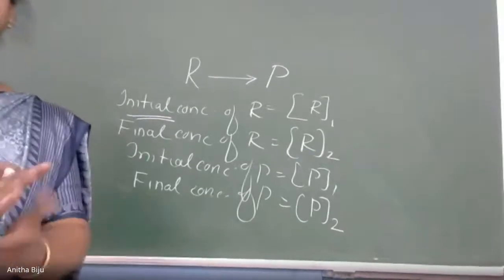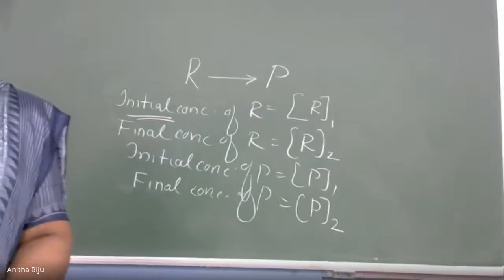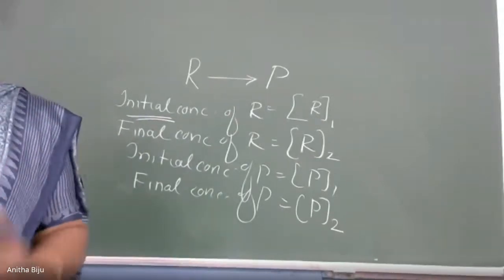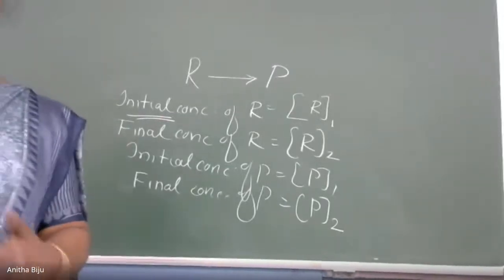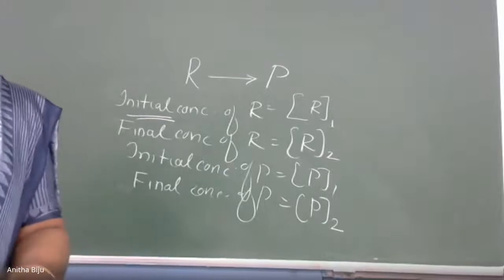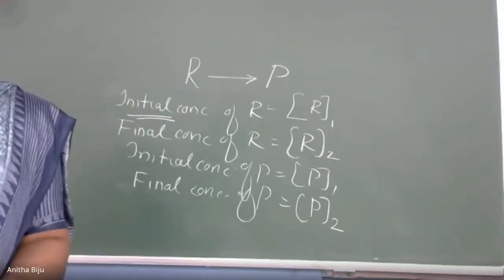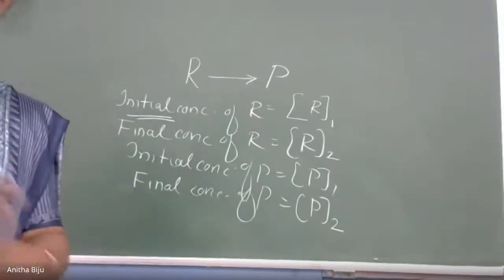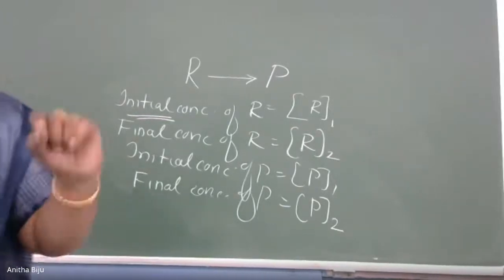In general, we can say that the rate of a chemical reaction is defined as the change in concentration of reactants or product with respect to time. So you can note down: change in concentration of reactants or product with respect to time is called the rate of a chemical reaction. Okay, note down change in concentration.